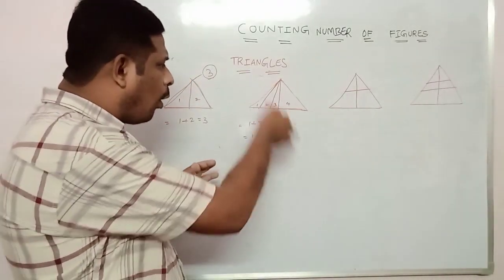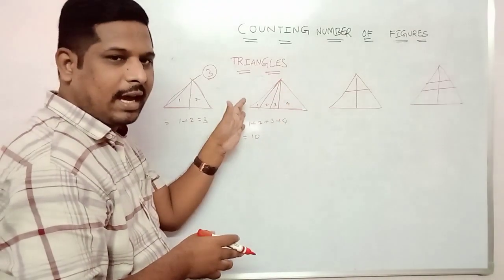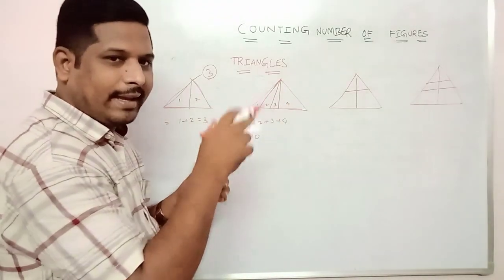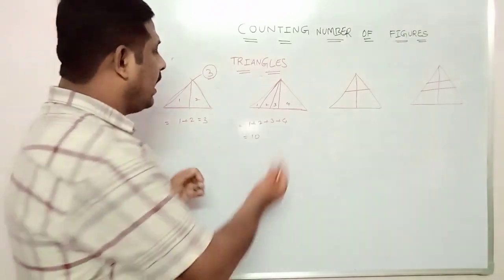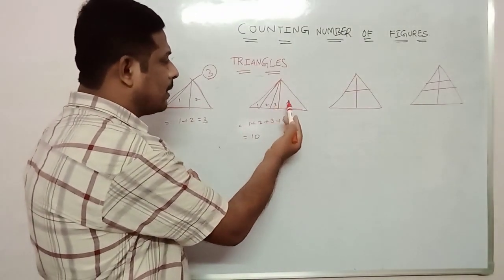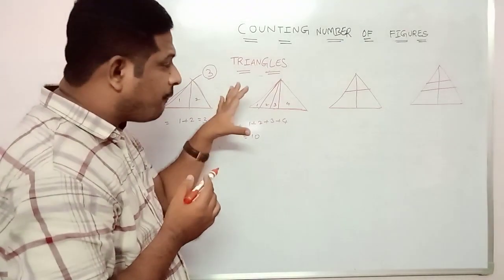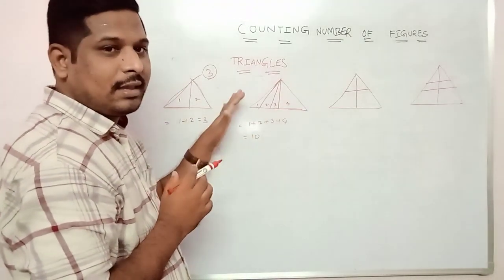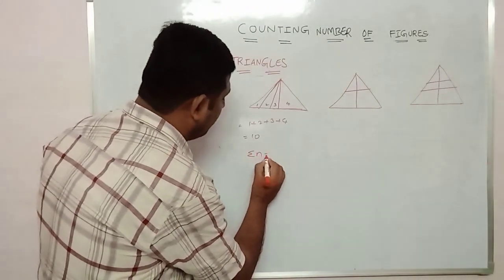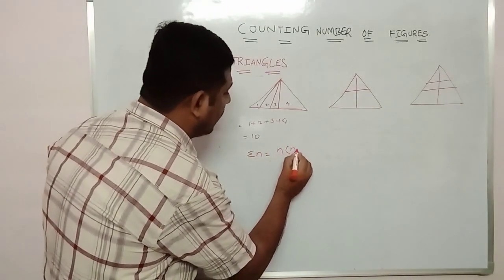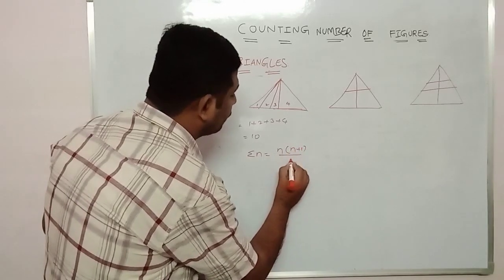But if they give more vertical cuts to the triangle, how can we calculate very easily? See here, 1 plus 2 plus 3 plus 4 means sum of natural numbers. What is the formula for sum of natural numbers? It is n into n plus 1 by 2.